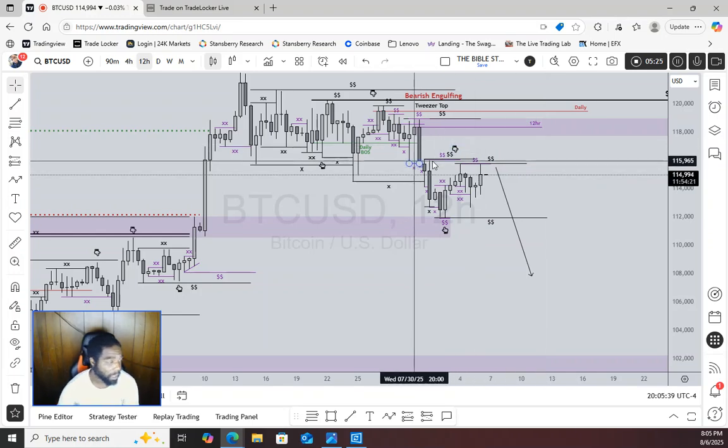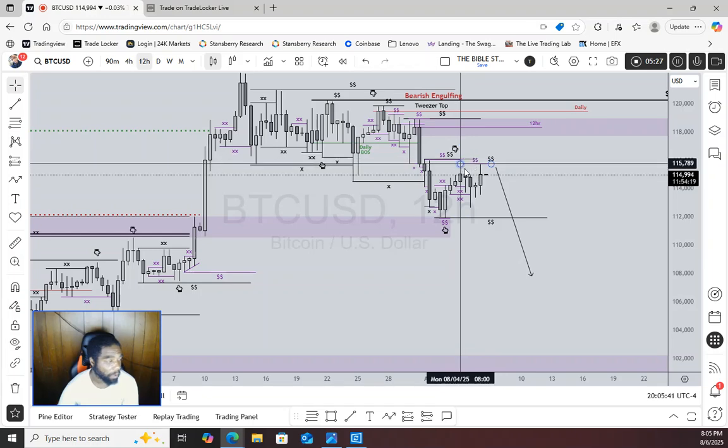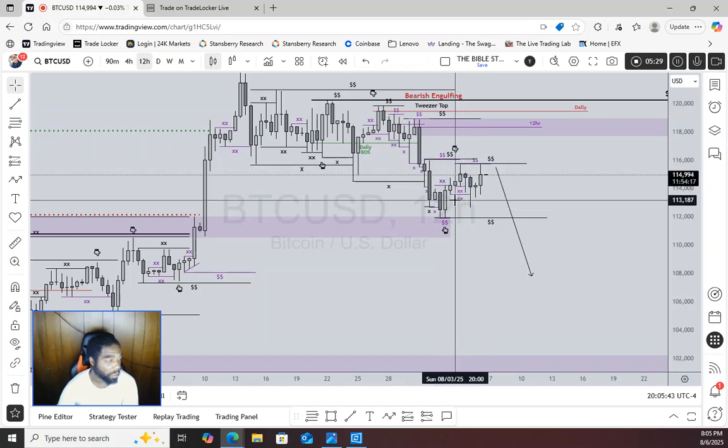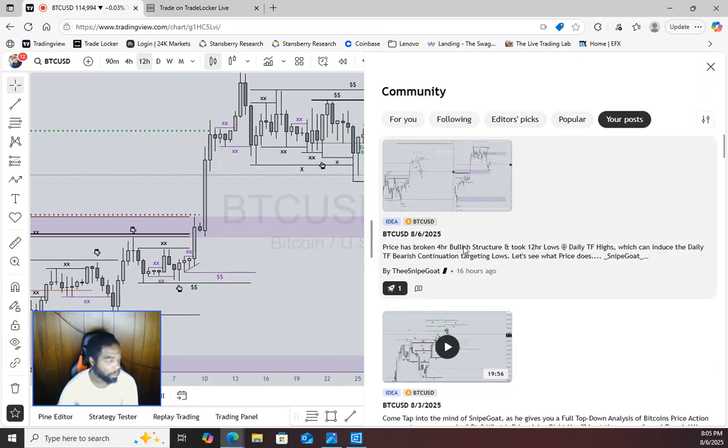So price got here to these highs, and then what? Price, boom, started disrespecting lows. I also, as you can see earlier today, price has broken 4-hour bullish structure and took 12-hour lows at daily time frame highs, which can induce the daily time frame bearish continuation targeting lows.